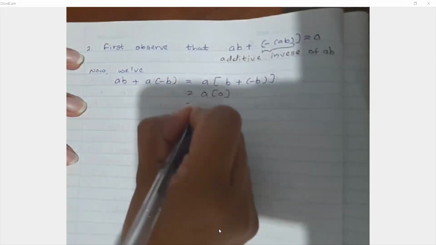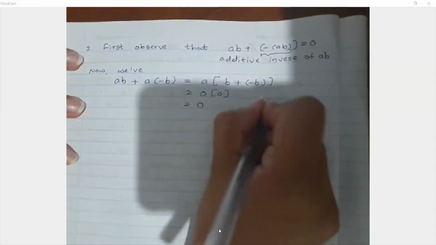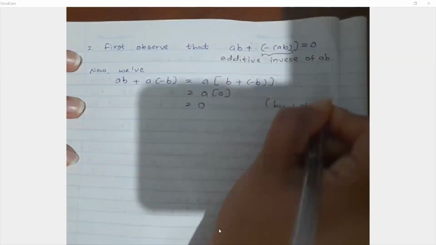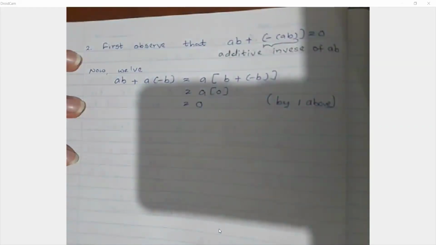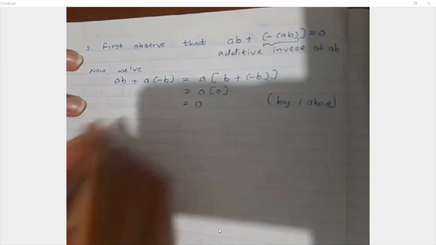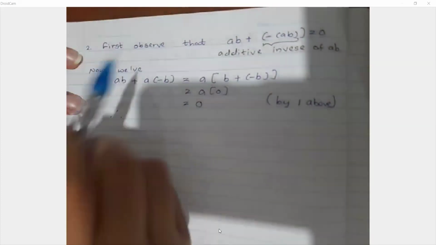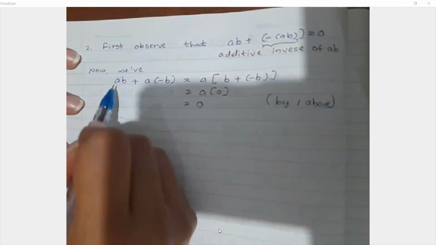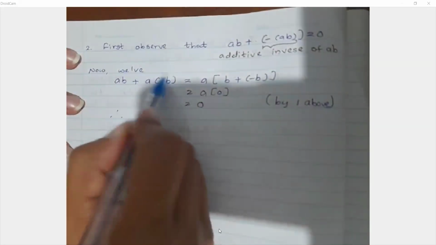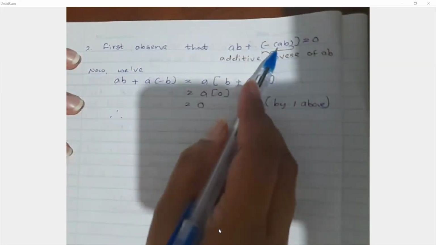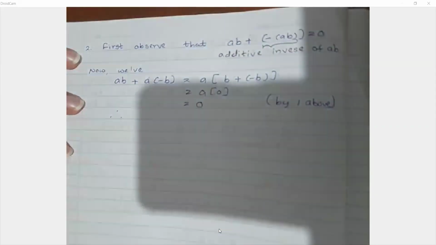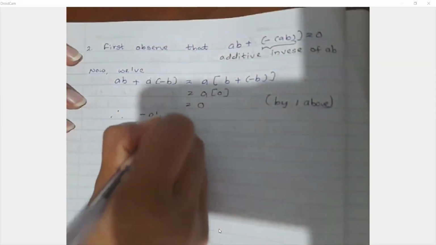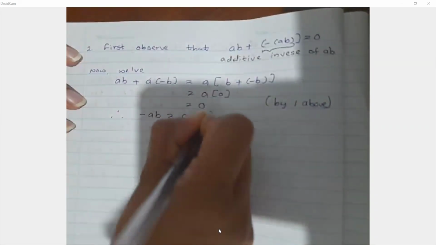A0 is simply equal to 0 from 1 above, right? Therefore, this means A times negative B is the additive inverse of AB. In other words, this must equal negative AB because the inverse is unique to the element. Therefore, negative AB must equal A times negative B.